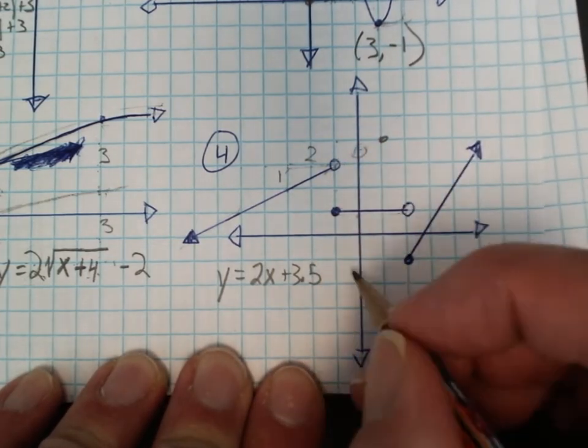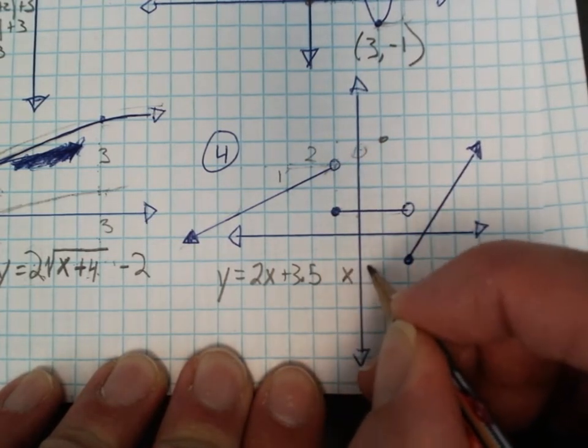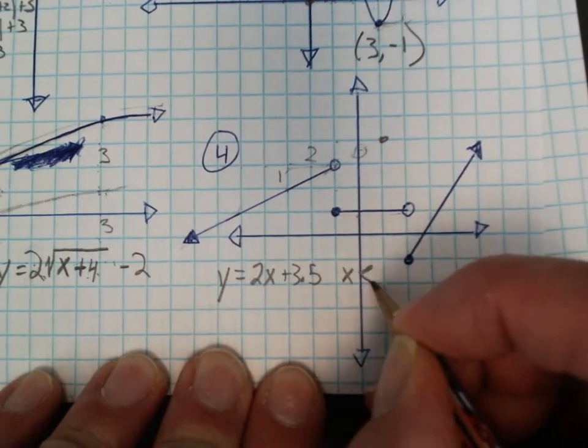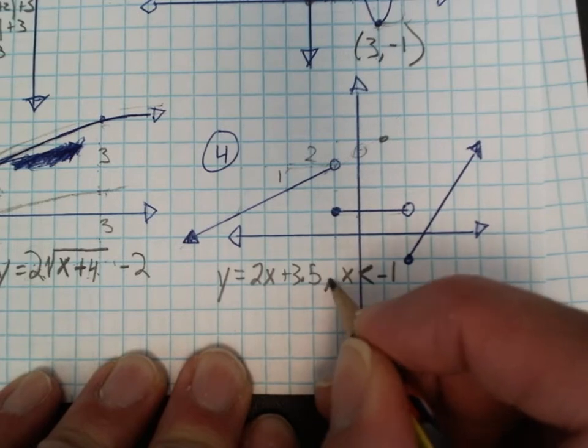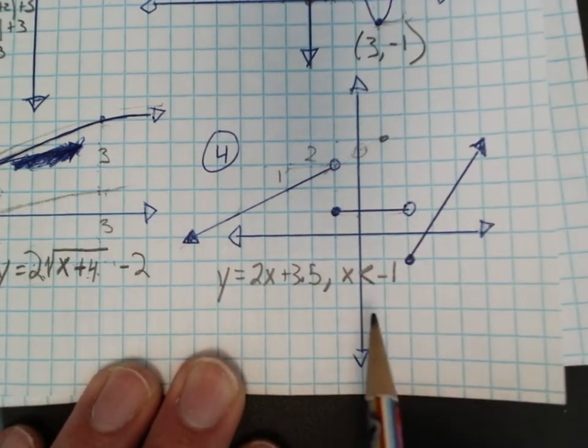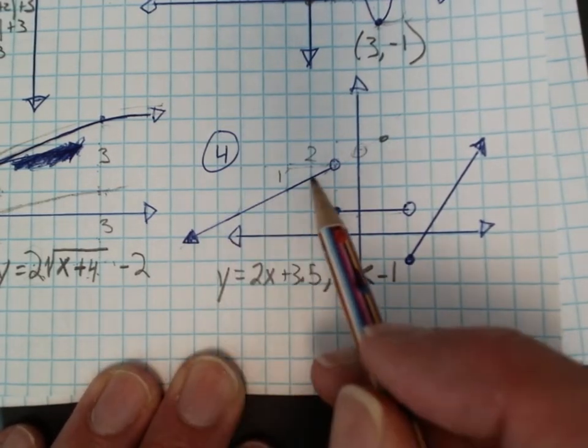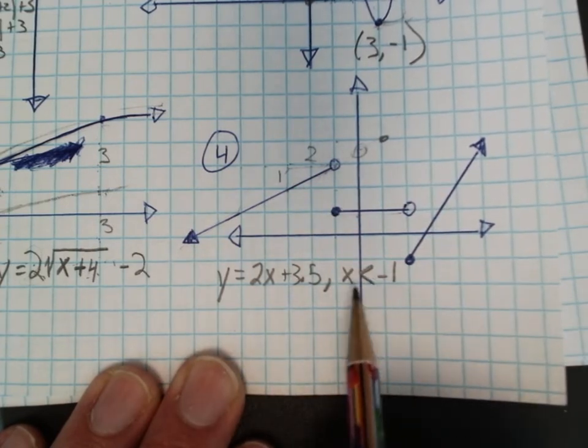It's an open circle, so x is going to have to be less than -1. Okay? So that's when x is less than -1. So I'm only using this equation when x is less than -1.